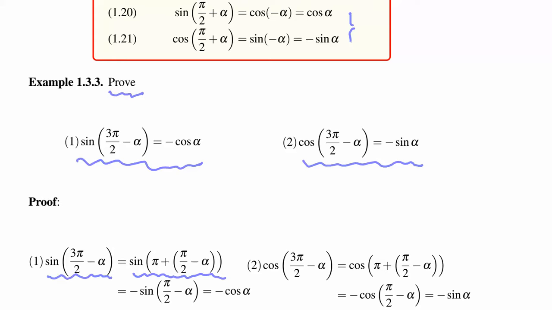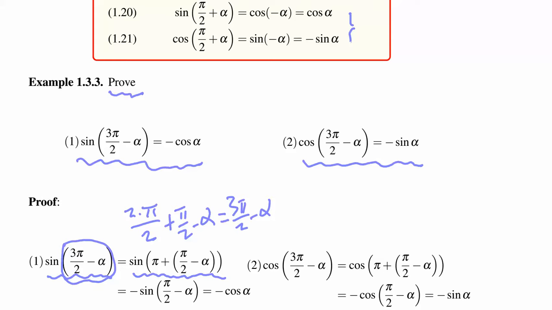Again, that's because pi is 2 pi over 2, plus pi over 2 minus alpha. Then you have 3 pi over 2 minus alpha, which is the one right here.